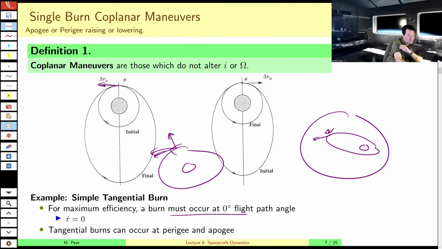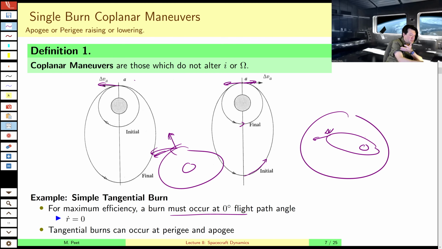And if you're burning opposite your velocity vector, then you lower your, actually, let's see. Here's our initial orbit, and we're circularizing our orbit in this case. We're moving that way, initially on this path, and we discard velocity, so we lower our semi-major axis to get us onto our circularized orbit.